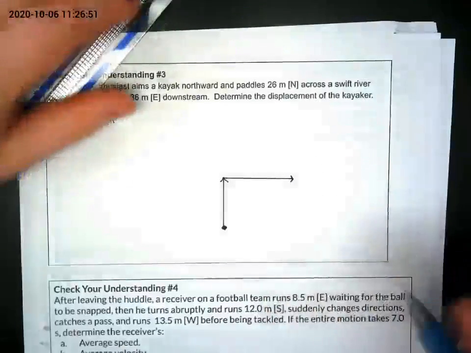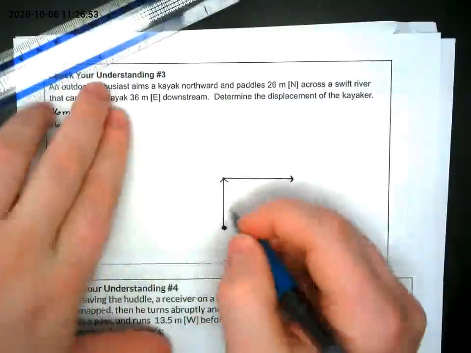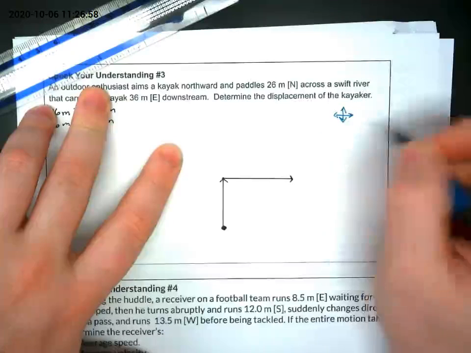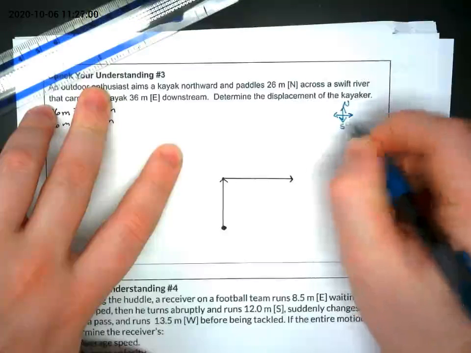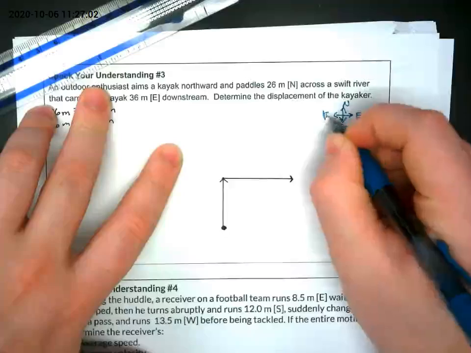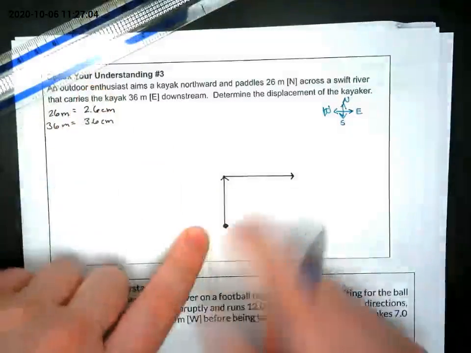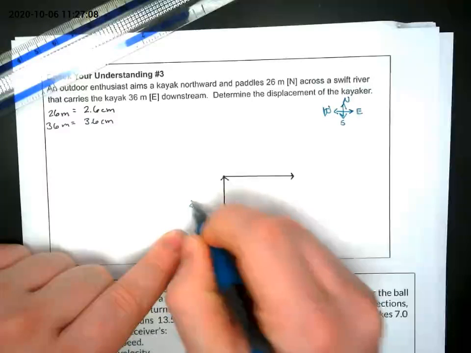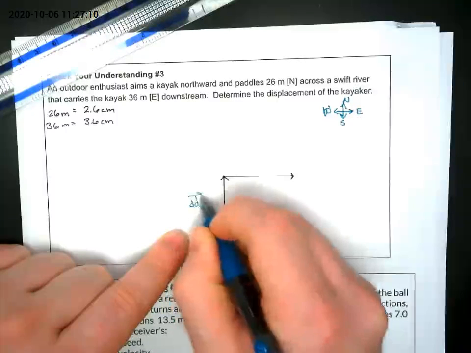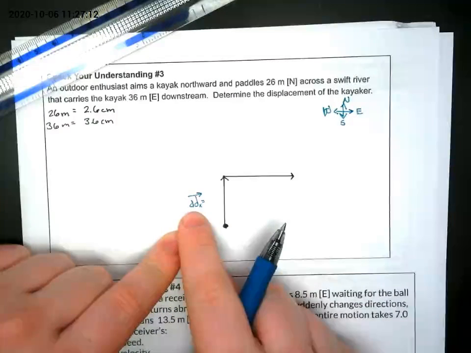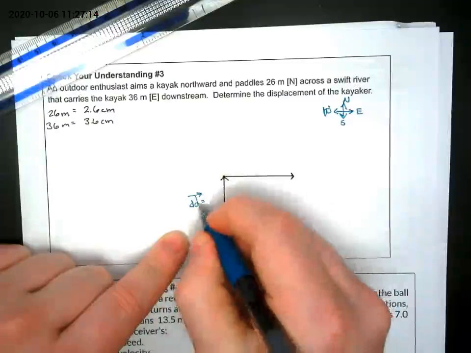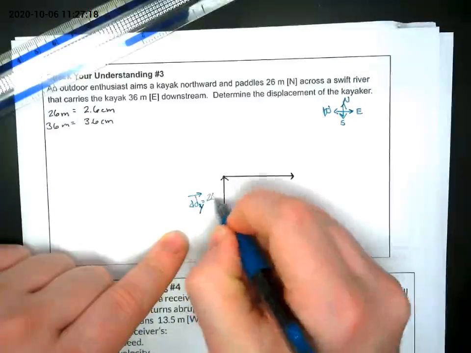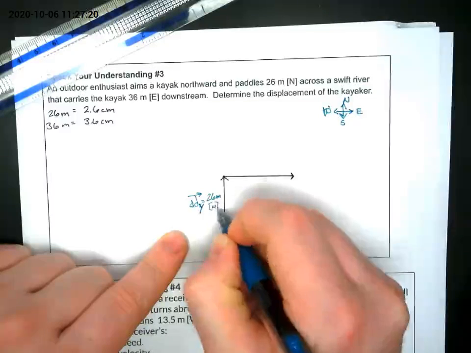Okay, so this right here, we better put our compass up here. Our itty bitty little teeny tiny compass. So north, south, east, and west. So here on this guy, that's my displacement y, because it's north, and it's 26 meters north.